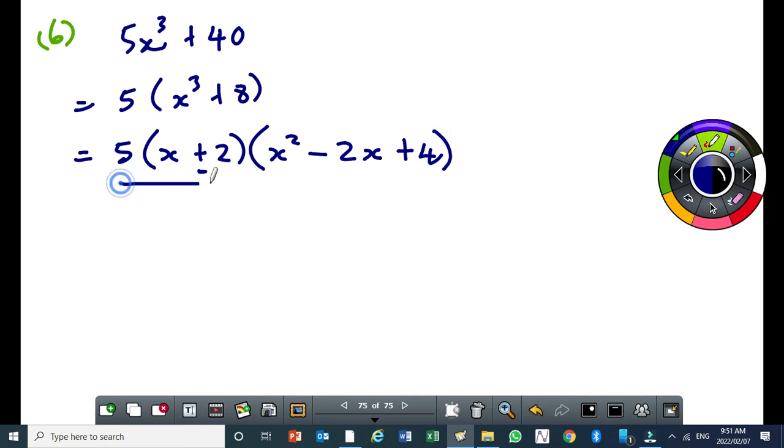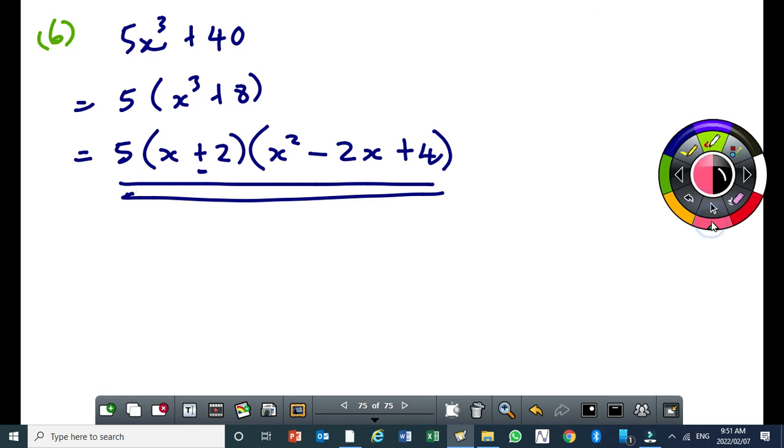Right? So this will be my final answer. Take note here, there is a plus here, there is a minus. Those signs must be opposite. And again, the trinomial cannot be factorized.